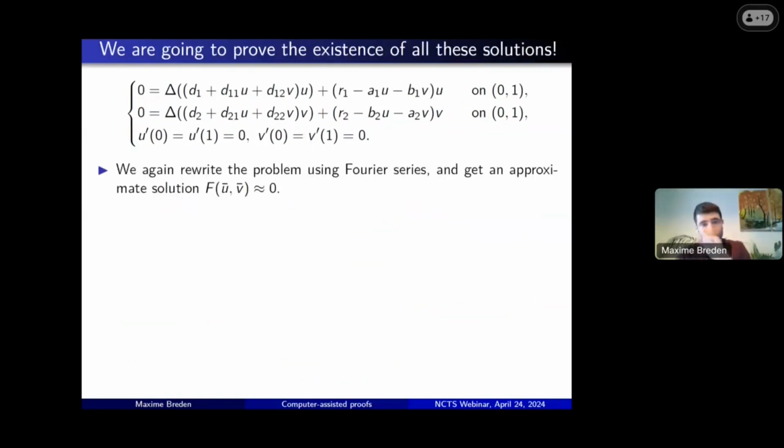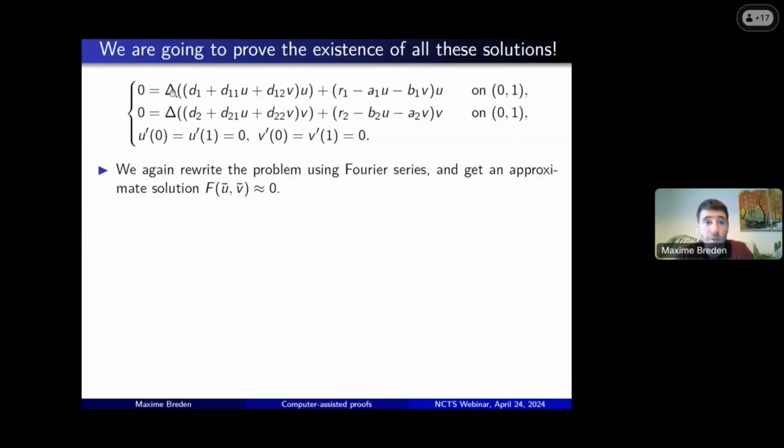So for that, as I said, you can start by using a Fourier series for the numerics. You don't have to, but since you have a Neumann boundary condition, it's one natural way of doing numerics for this. And you get an approximate solution, which is just a truncated Fourier series, so trigonometric polynomials for U and V. In that case, if you think a bit about it, if U bar and V bar are trigonometric polynomials, and you plug that in the equation, then all of this is just a trigonometric polynomial of twice the degree.